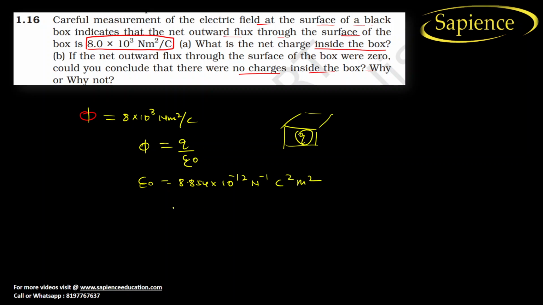Now from here, we need to find the charge. So q is equal to phi into epsilon naught. So just put the values. Phi is equal to 8 into 10 to the power 3, into 8.854 into 10 to the power minus 12.